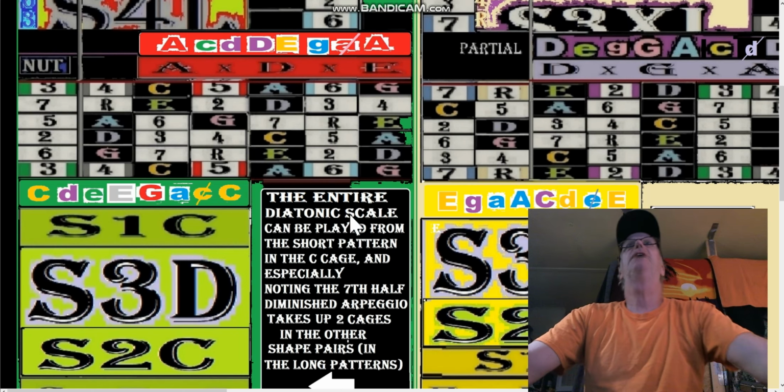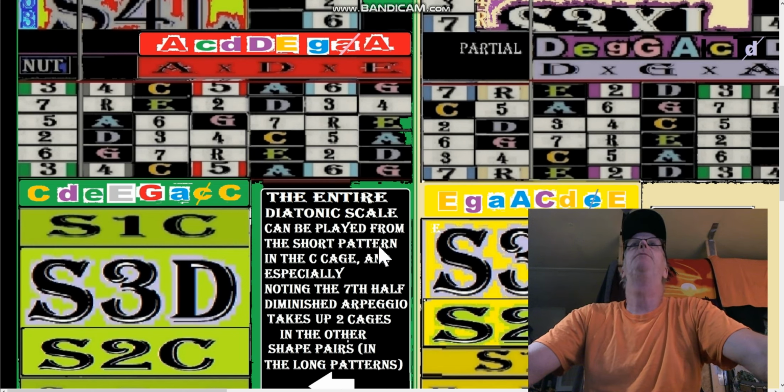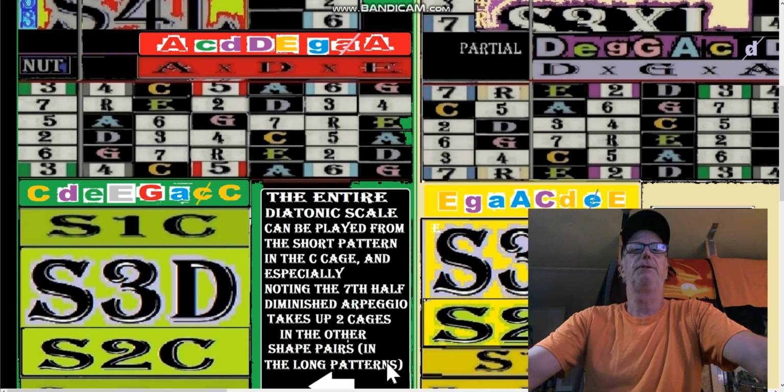The entire diatonic scale can be played from the short pattern in the C cage, and especially noting the 7th half diminished arpeggio takes up 2 cages in the other string shape pairs of the long patterns.